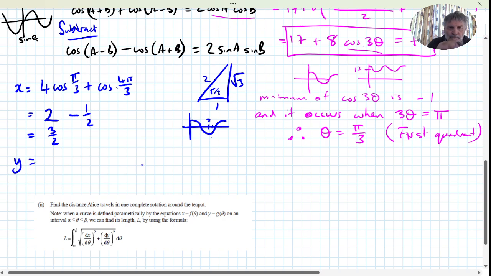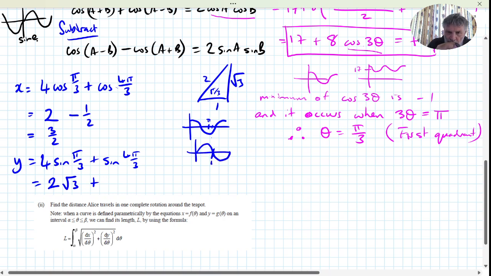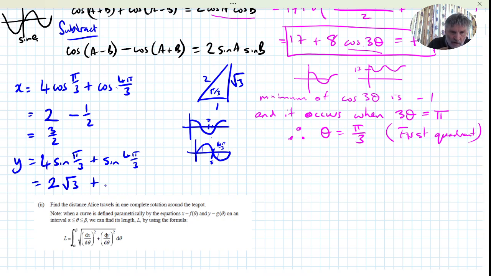And y is 4 sine of pi over 3 plus the sine of 4 pi over 3. Sine of pi over 3 is root 3 over 2, so still 2 times root 3, plus, on the sine graph, this is still pi in the middle here, 4 pi over 3 in here is the negative of the sine of pi over 3, so this is minus root 3 over 2.